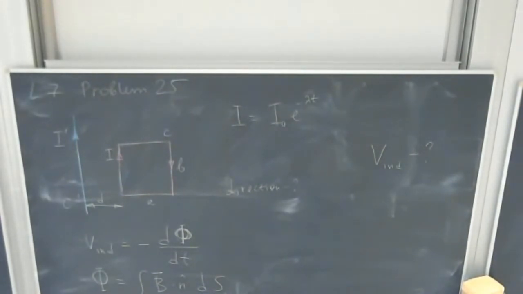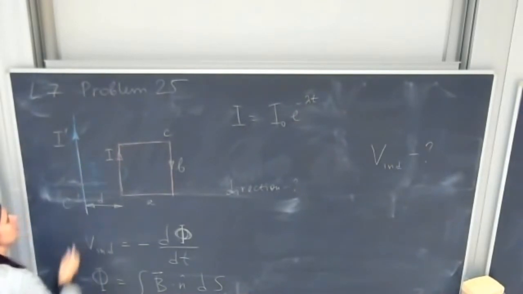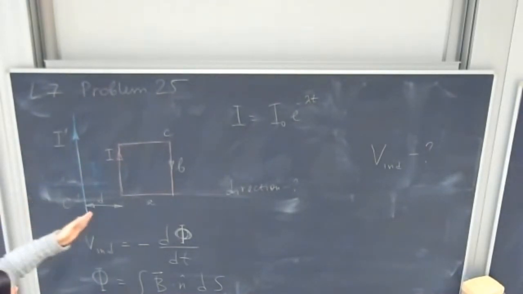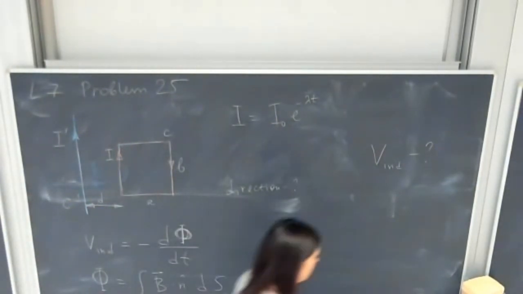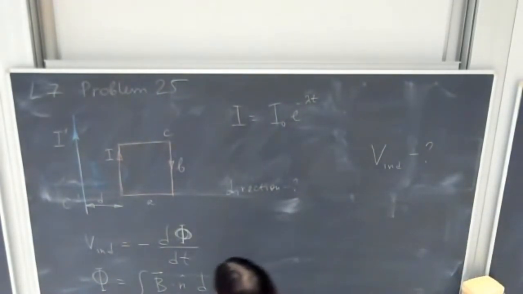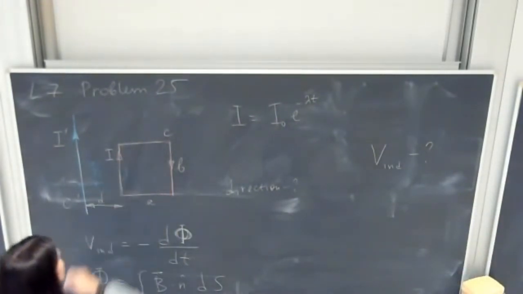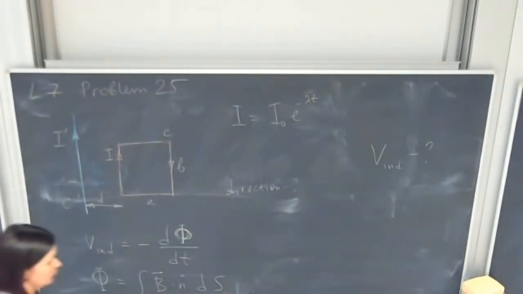So using the right-hand rule, with the thumb along the direction of the current, this is the direction of the field. And then we see that it's going perpendicular, into the board, perpendicular to the circuit with these dimensions.